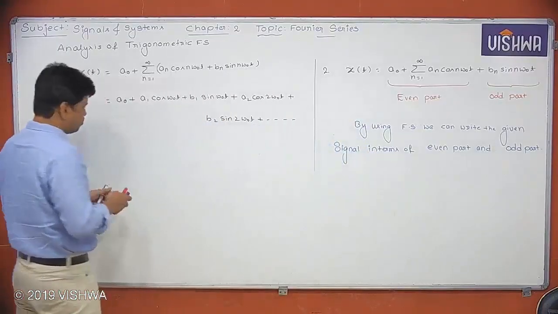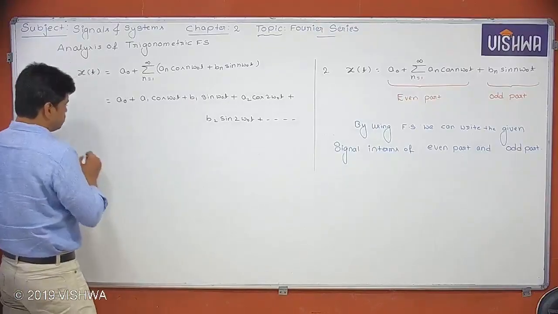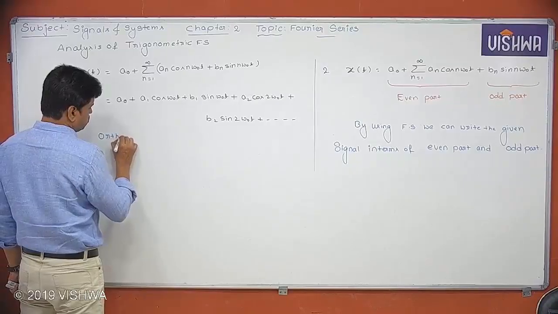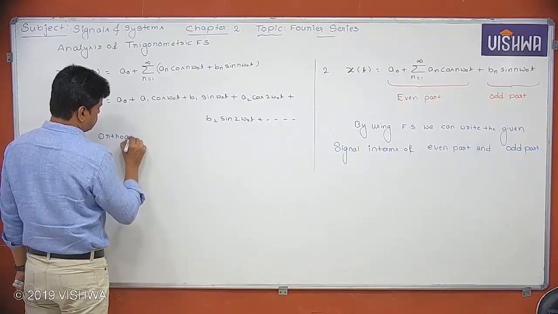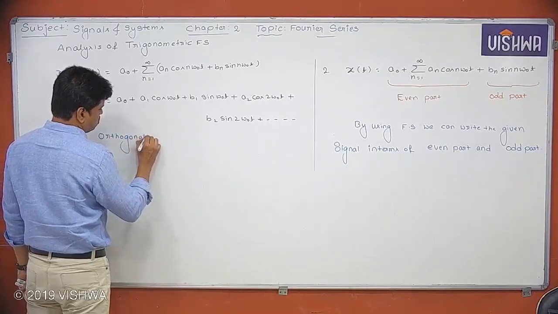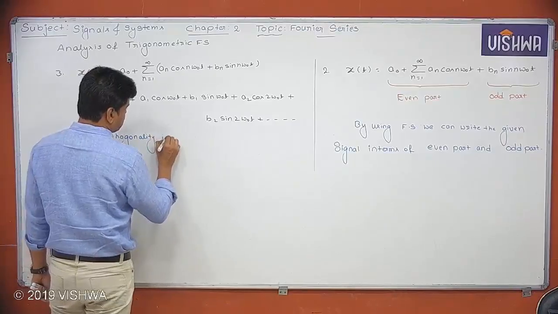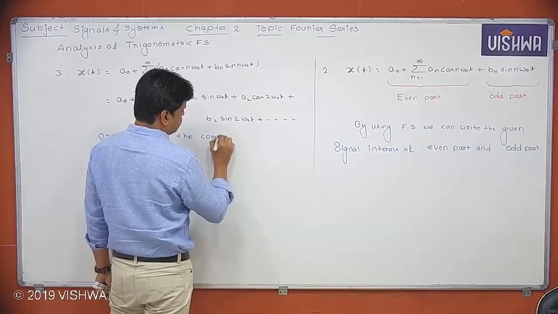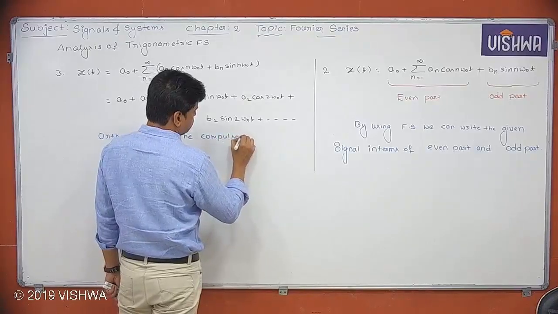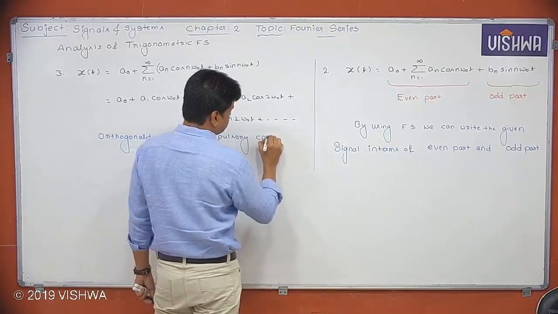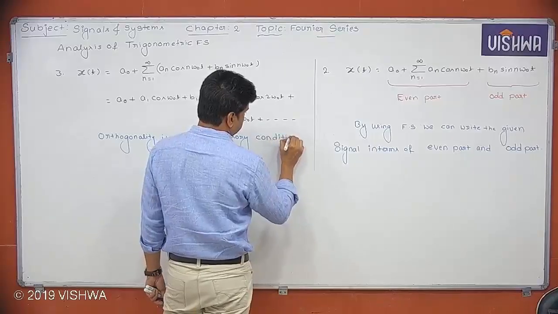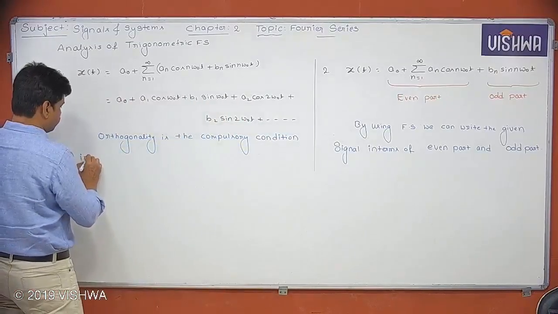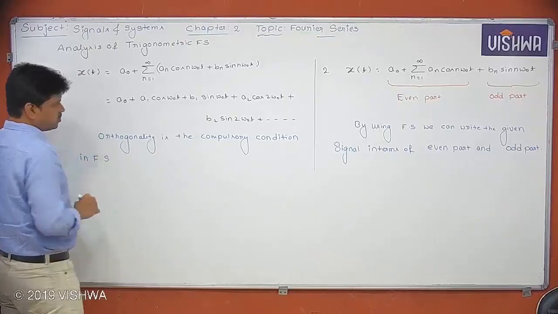Okay. So orthogonality is the compulsory condition in Fourier series.